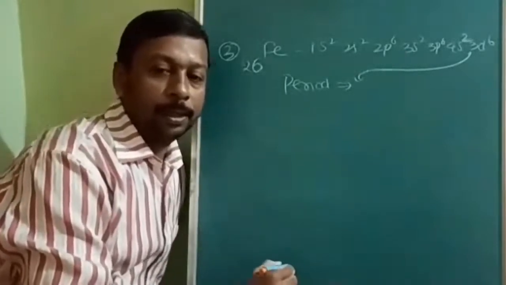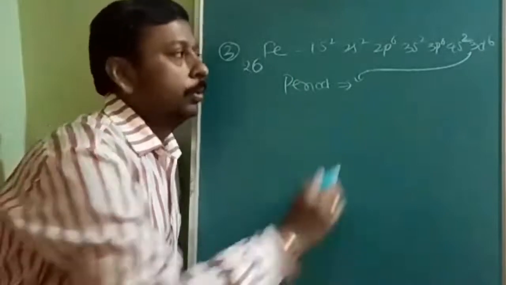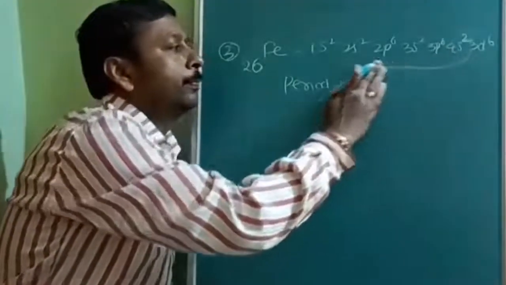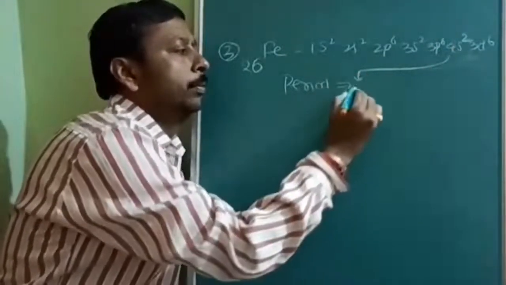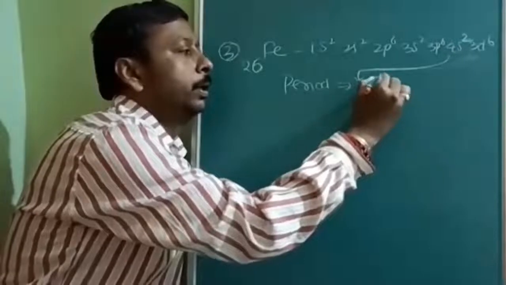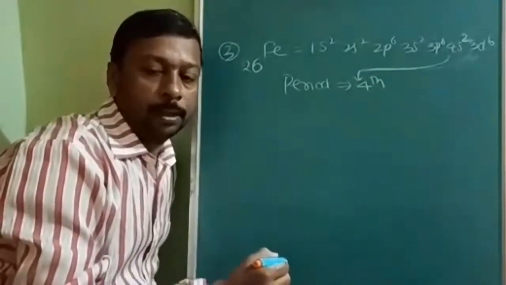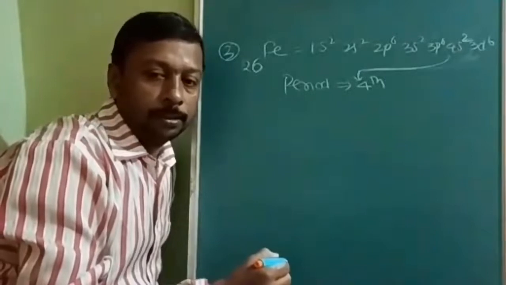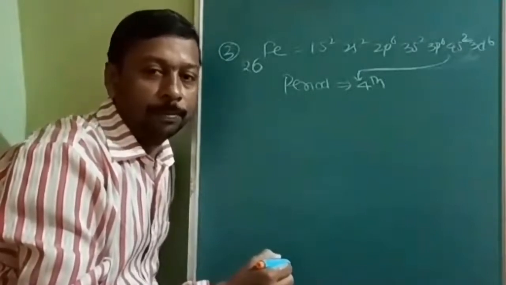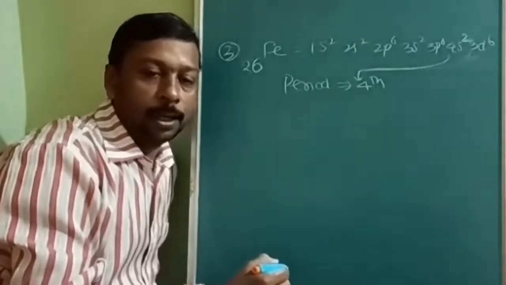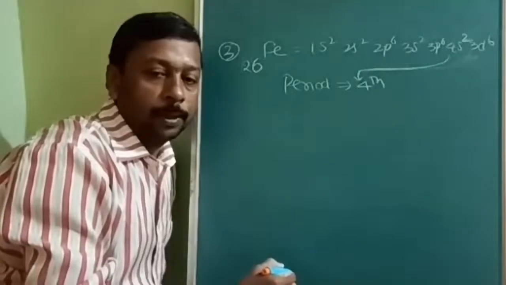Here the last is 3d, the largest is 4. So it is the fourth period. Don't commit that mistake like everybody. You are students of WHICHChem, so this common mistake should not be made by you. It is not the last subshell, it is the largest principal quantum number.